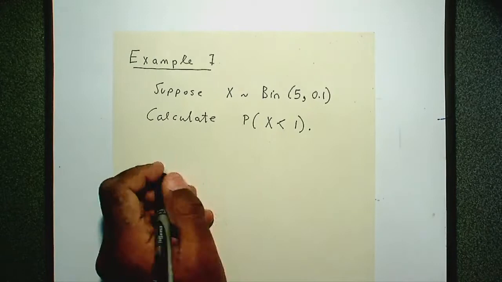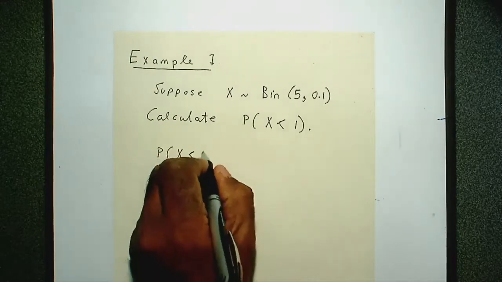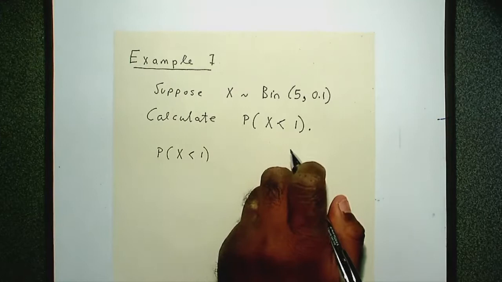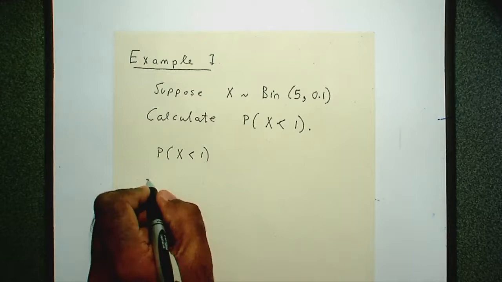To calculate the probability that x is less than 1, because x is a discrete variable, if x is less than 1, it must be 0.